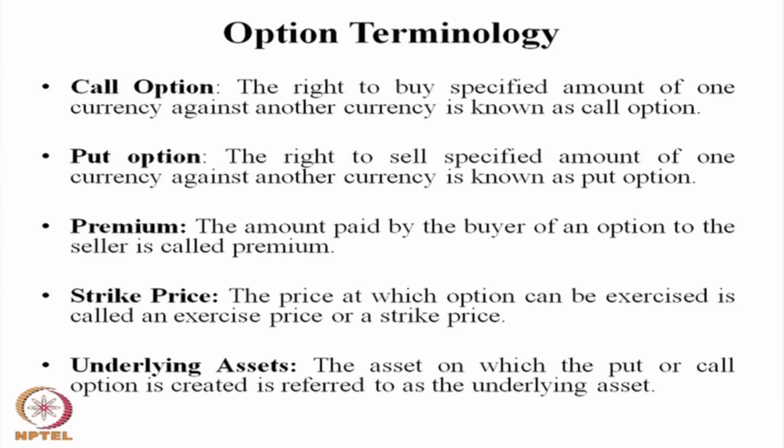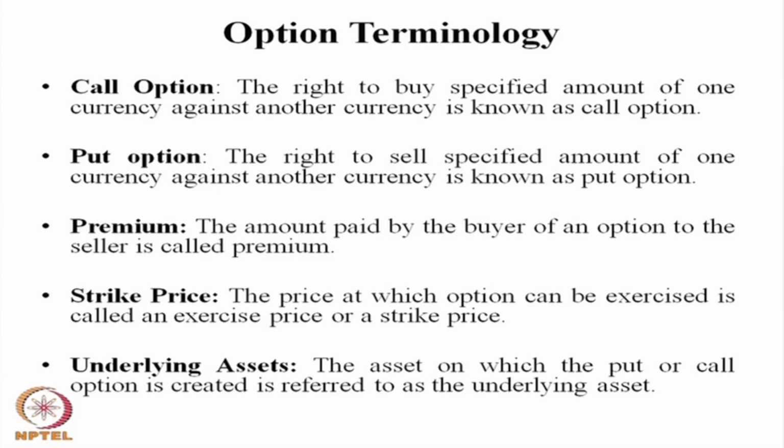Here, the person purchasing a call option has the right to purchase the underlying asset on or before maturity. Suppose the underlying asset is currency, the call option provides the right to buy a specified amount of one currency against another currency. Suppose the two currencies are the rupee INR and the US dollar.